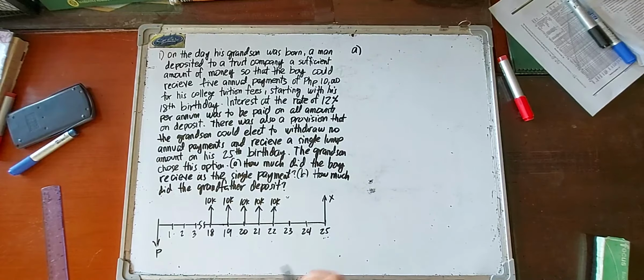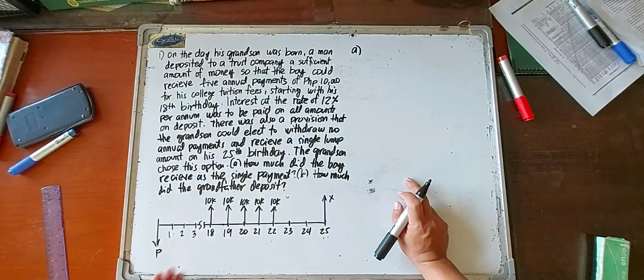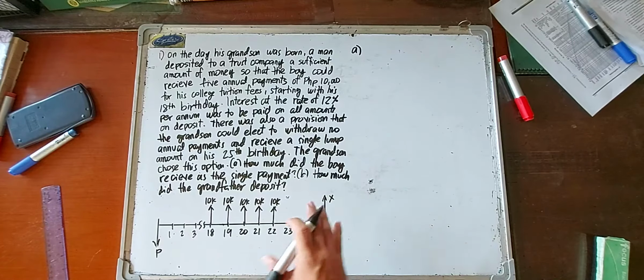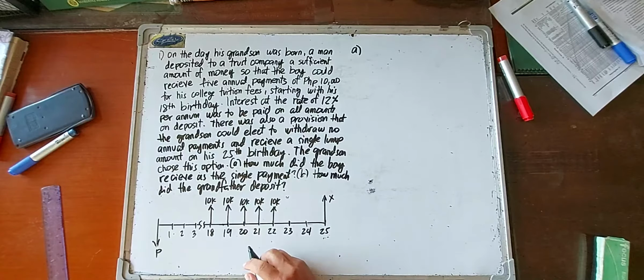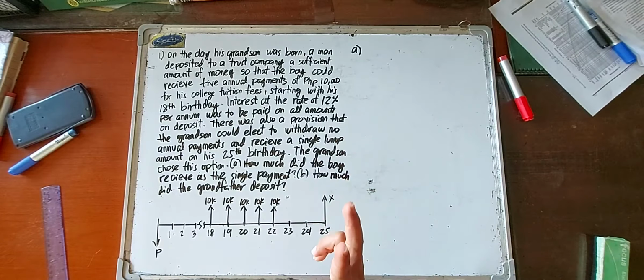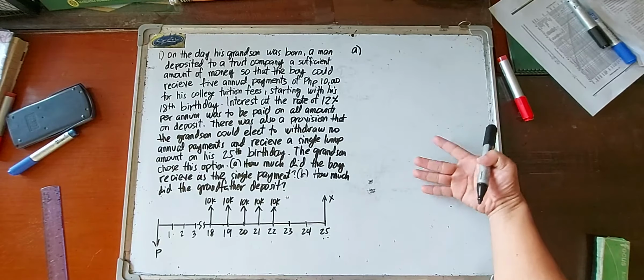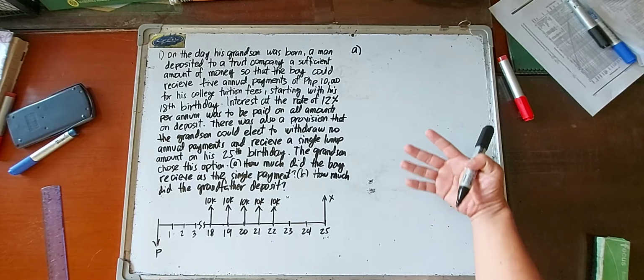We're going to apply the equation of value, or we can simply apply the derived formula for deferred annuity. We have derived dun sa module natin. We did not derive dito sa video. So let's apply muna dalawa lang yung solution natin para ma-compare natin, although they have the same answers naman.